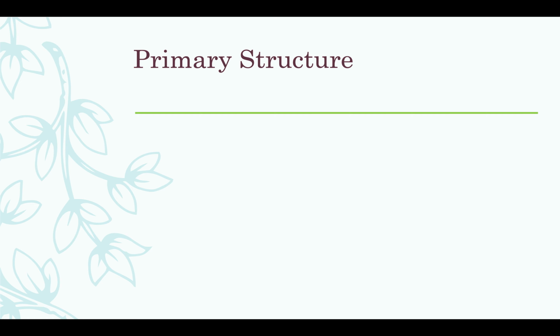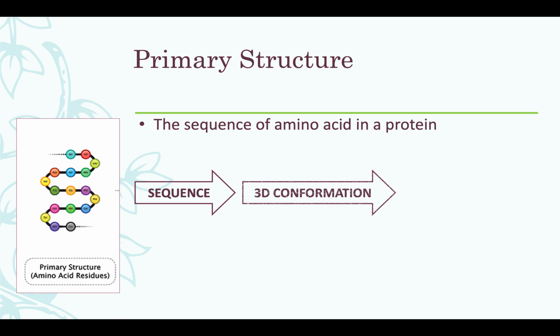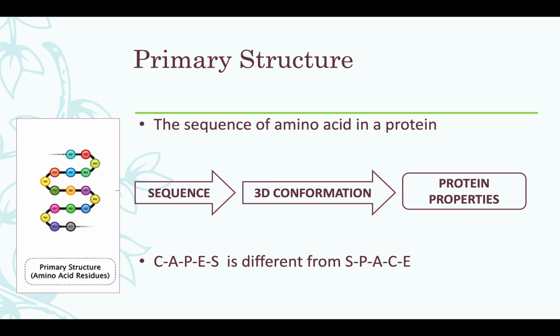Remember here that the primary structure of your proteins pertains to the sequence of amino acids in a polypeptide chain. Again, it's read from the N-terminal end to the C-terminal end of your peptide chain. Let us note that the primary sequence of proteins ultimately determines its three-dimensional structure, which in turn determines its properties.